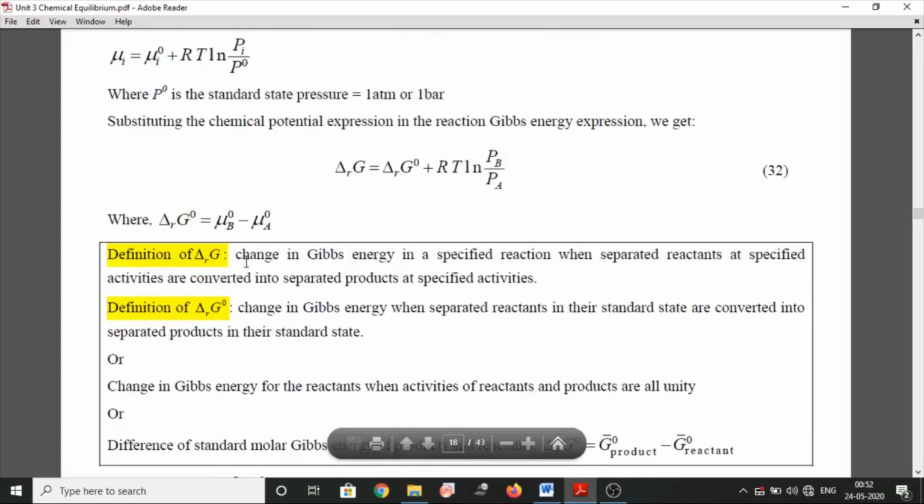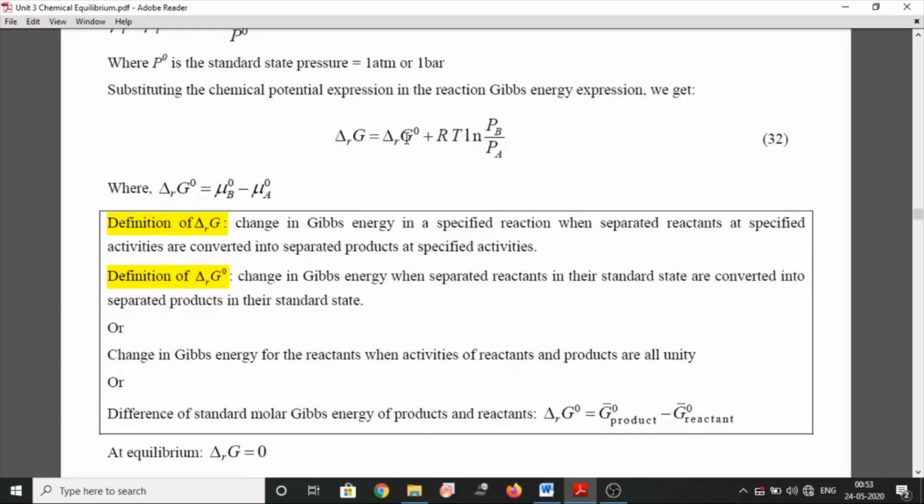There are two important things we are getting: the reaction Gibbs energy, and the reaction Gibbs energy at standard state. This standard state is obvious. At the standard state, the activities of all the substances, meaning reactants and products, are all unity.